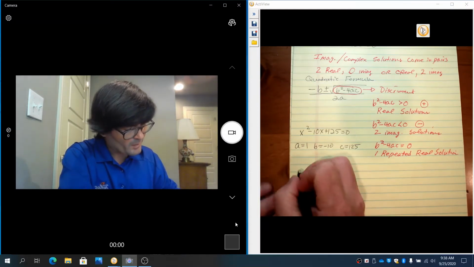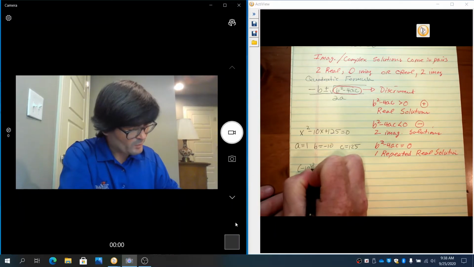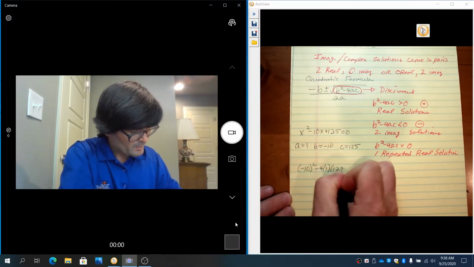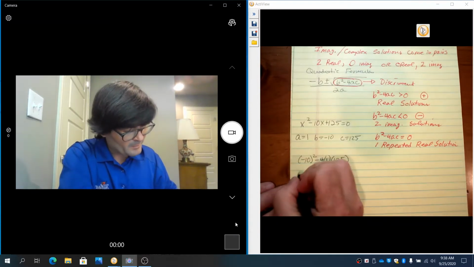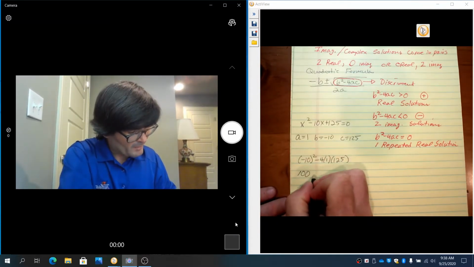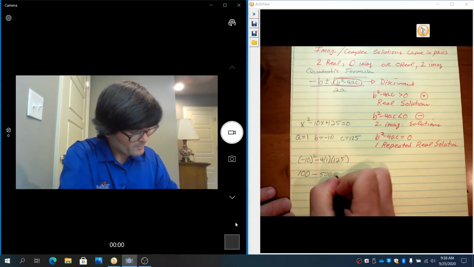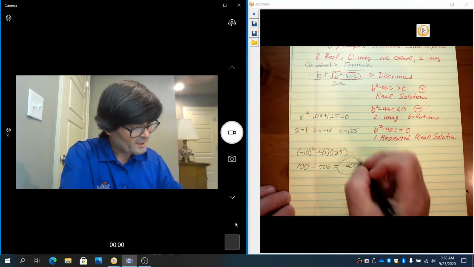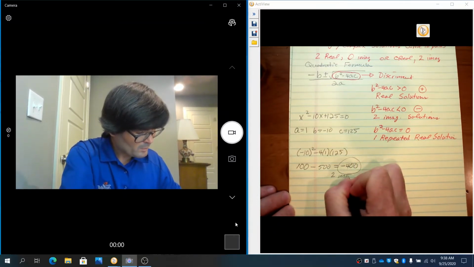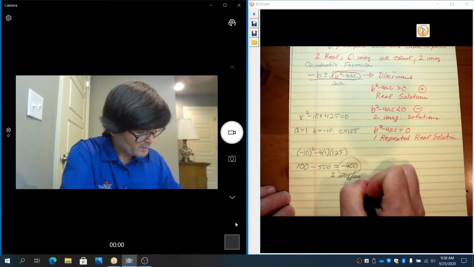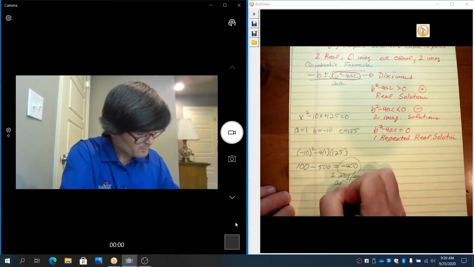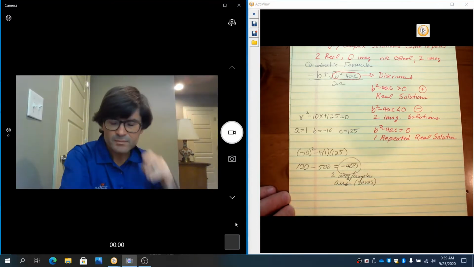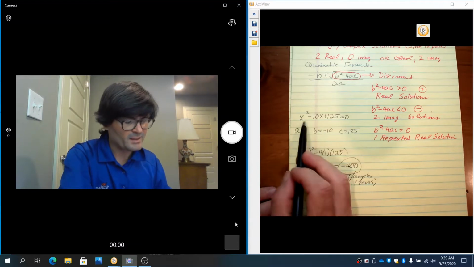B squared is going to be negative 10 squared, and then minus 4 times A times C. That's going to be 100 minus 500. That makes negative 400. And that tells me this has two imaginary or complex answers. Or you could say zeros. That's what I should have said. They're zeros. Numbers that we can plug into this and make it equal 0.